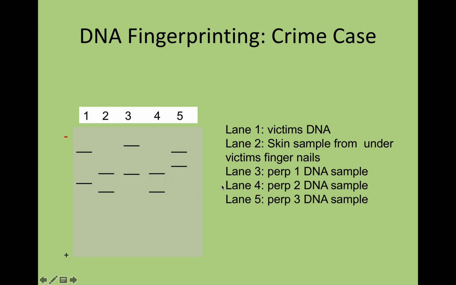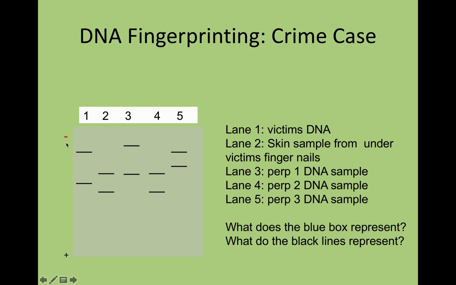So we compare across, so lane 4 matches up with lane 2, which were the skin cells found under the victim's fingernails. So that person is likely to have been at that crime scene and potentially was involved in the crime.